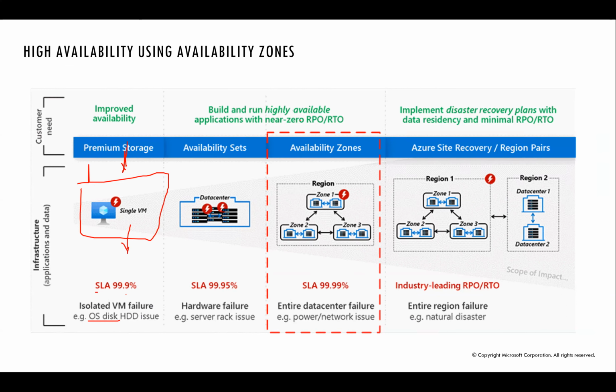So I would have the SLA they are committing to you. If you use a single VM that is running on premium storage, we are committing 99.9%. And the point of failure that we have identified here is primarily the disks. We are saying if you use premium, you are covered.